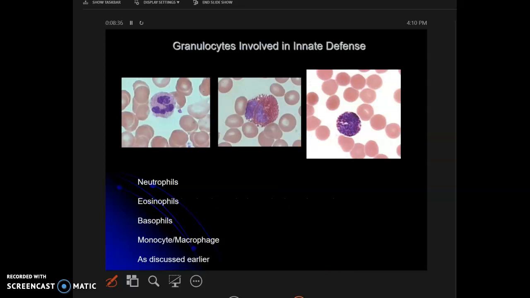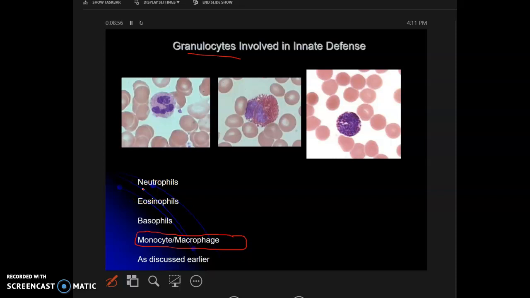Now we also know that these cells that are granulocytes are part of the innate system. Now there's neutrophil, eosinophil, basophil. Now monocytes and macrophage is not a granulocyte, but this is also involved in the innate response.